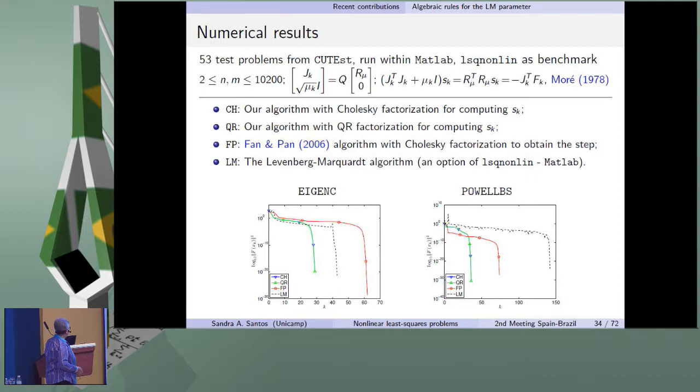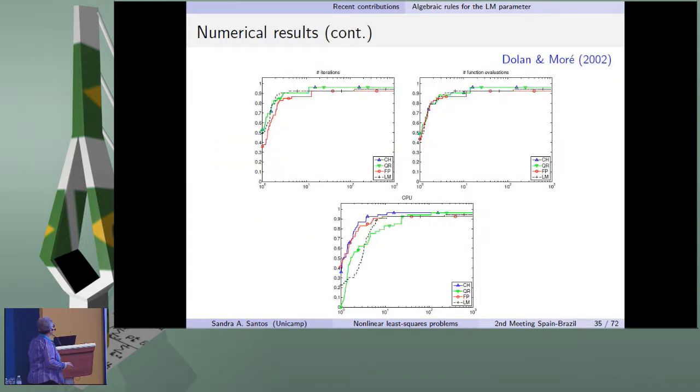So here we are addressing just the evolution for two particular problems. But to have the whole idea of the performance for all the problems, I present here the performance profiles for number of iterations, for number of function evaluations, and for CPU time.